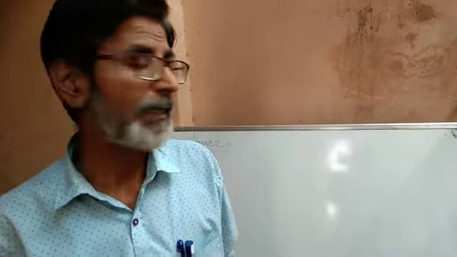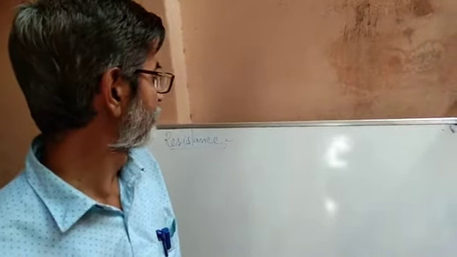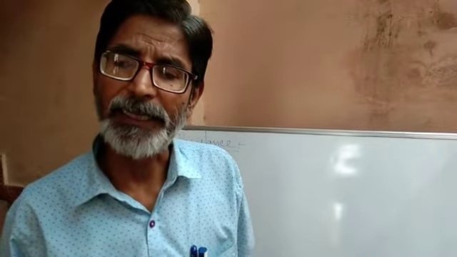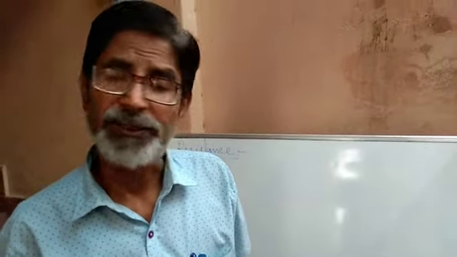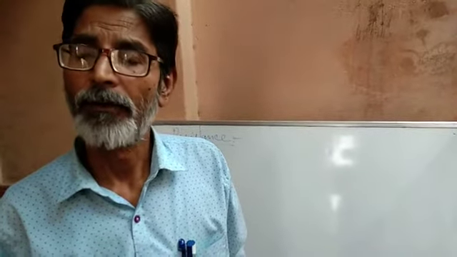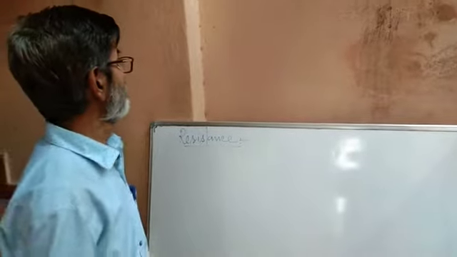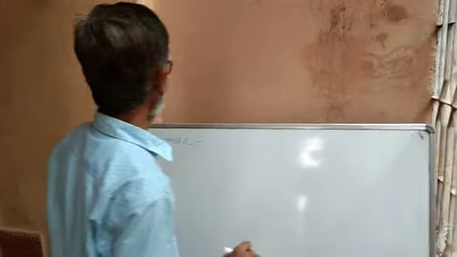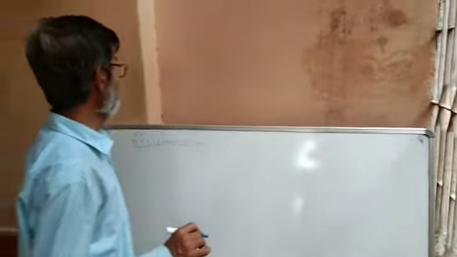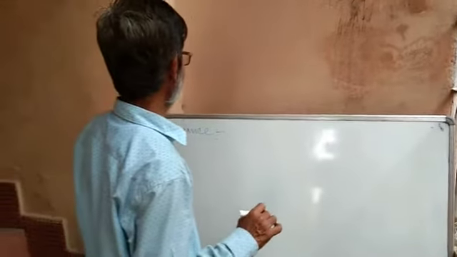The resistance of a conducting material is the basic property of the conducting wire or material which resists the flow of charge or flow of current. It is called resistance, and it is denoted by R.